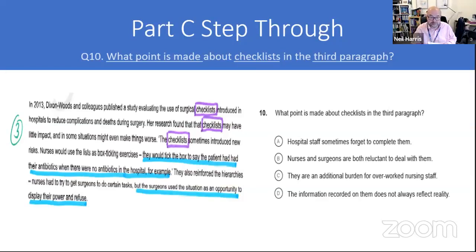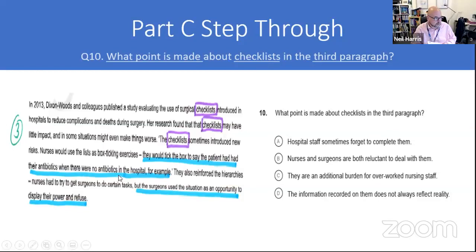We've got lots of D's coming in. We've got a couple of C's as well. Okay, just wait for a few more to come in. As you're writing your answers, let's maybe look at D and C. So information recorded doesn't always reflect the reality.